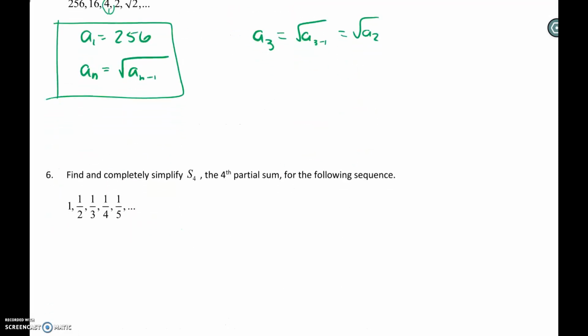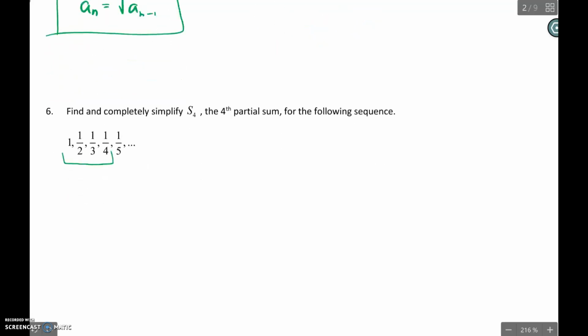The next one we have, right, we're trying to find the fourth partial sum of this sequence. We have three summation formulas, but we don't need to use a formula. We have the four terms. We're just trying to find the partial sum, so we're just going to add them together. So S sub 4 equals 1 plus 1/2 plus 1/3 plus 1/4, right?